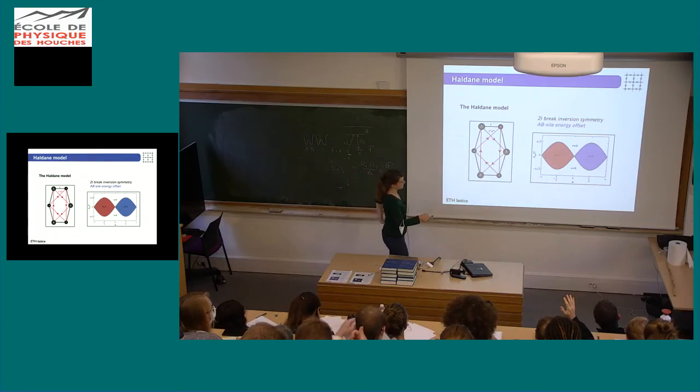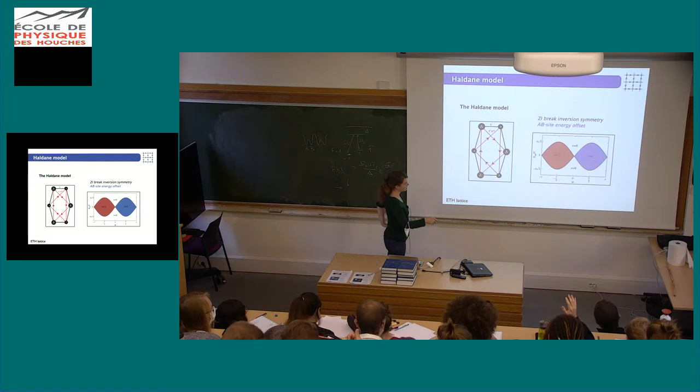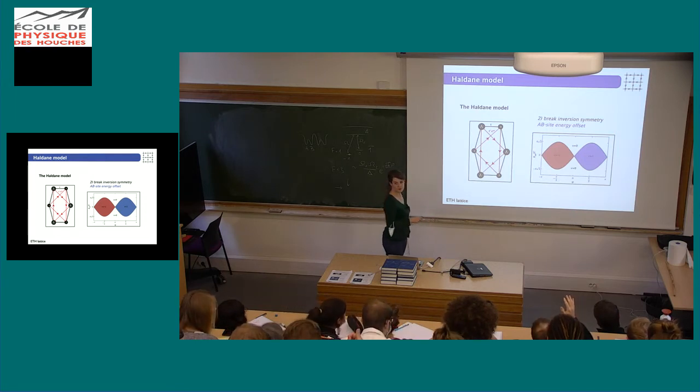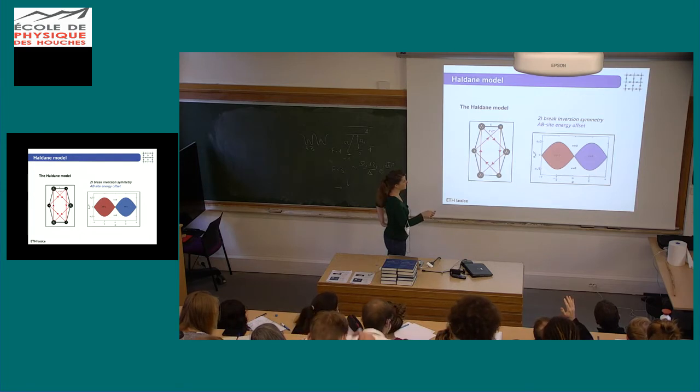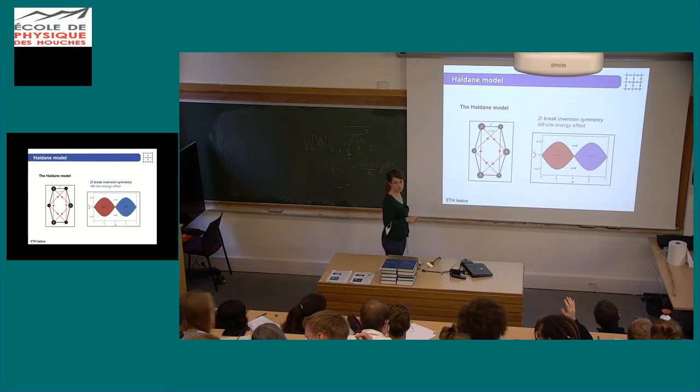So this is the phase diagram of the Haldane model. On the horizontal axis, you see the phase of the next nearest neighbor hopping, and on the vertical axis, you see the sublattice energy offset delta AB. So in the center is the symmetric hexagon without any complex hoppings, where the two bands touch. Okay, so that's the center point here.